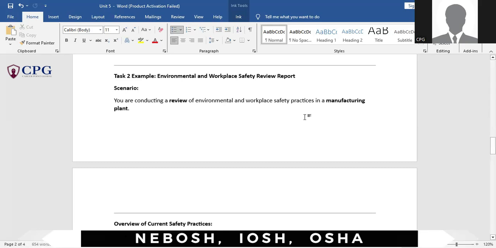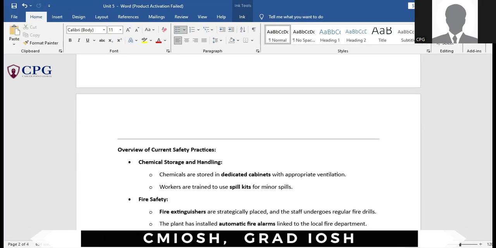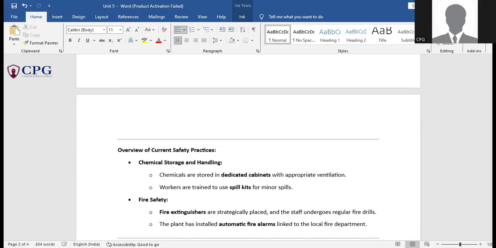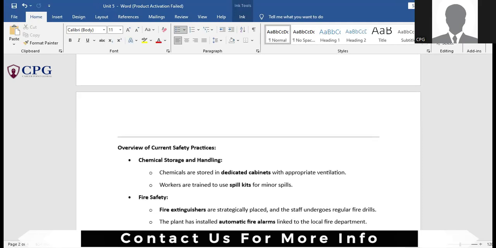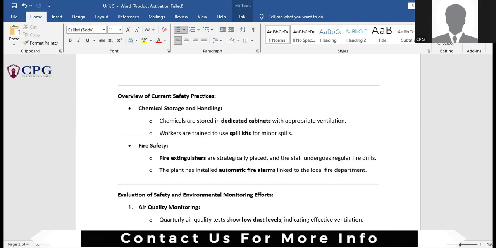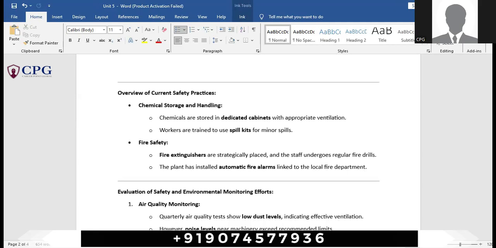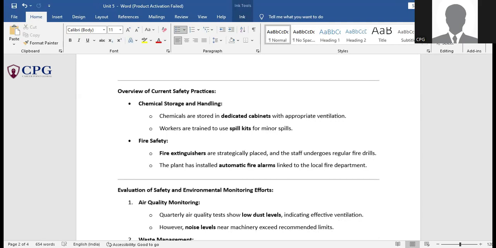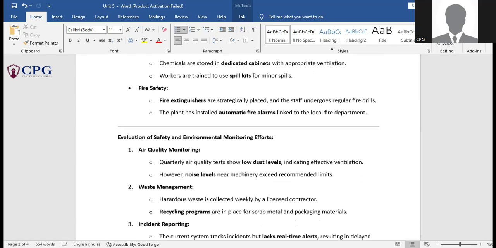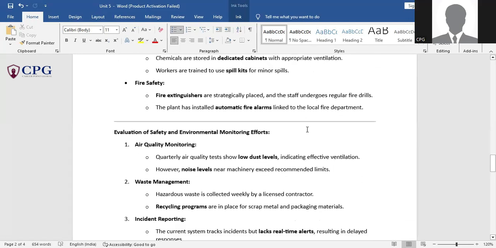Okay. Now, when you are talking about task 2, it is more of a practical approach. Here, we are actually evaluating the various situations at the company. First, you will be identifying the various safety practices that are available at the workplace, for example cylinder storage, or fire safety at your workplace, or the workplace training that is happening, or the PPE implementation that is happening at your workplace.